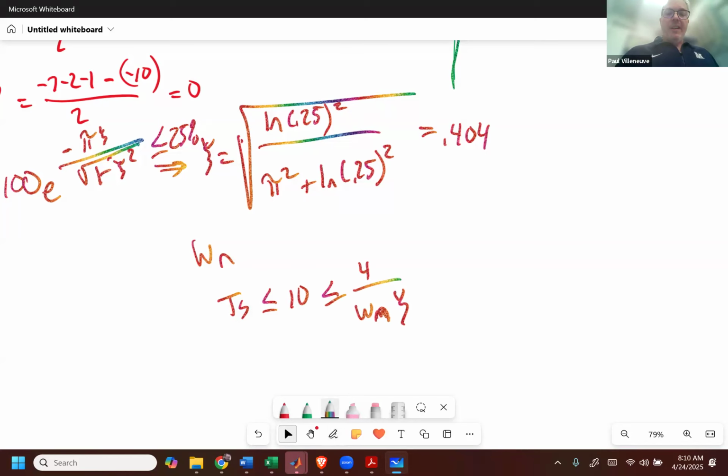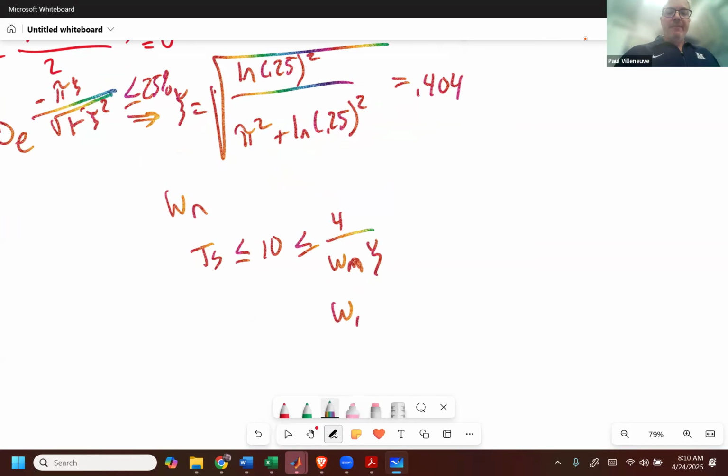So if I move my omega sub n, it has to be 4 over 10 zeta. And when I plug that in, I had 0.99. Actually it has to be greater than, not less than.